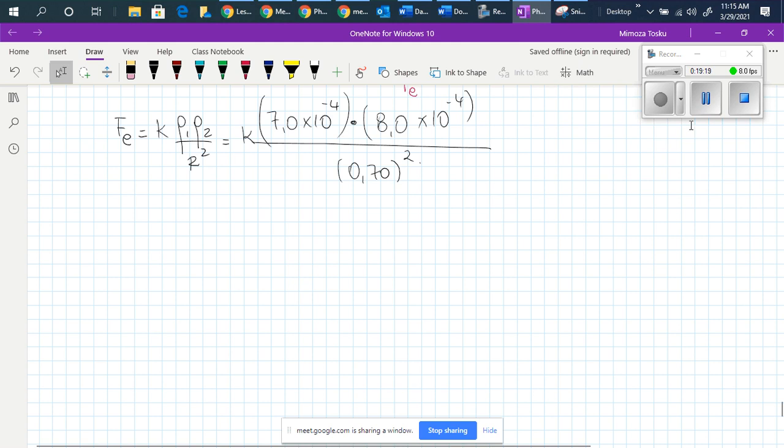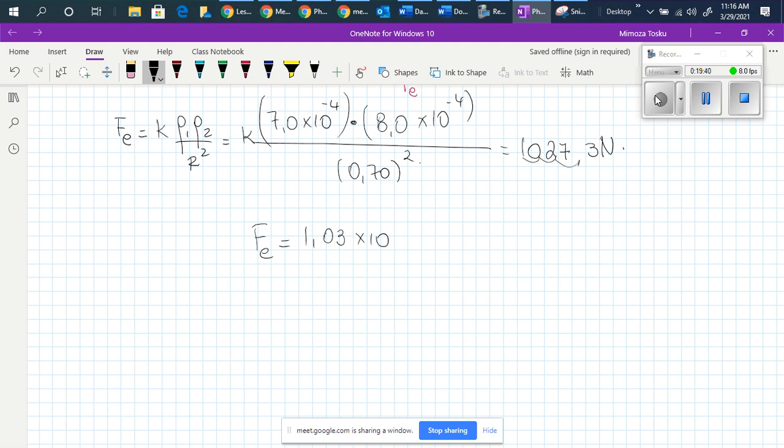Enter it in your calculator, and you will find that the electrostatic force is 1027.3 newtons, which you can write as 1.03 times 10 to the power of 3 newtons.